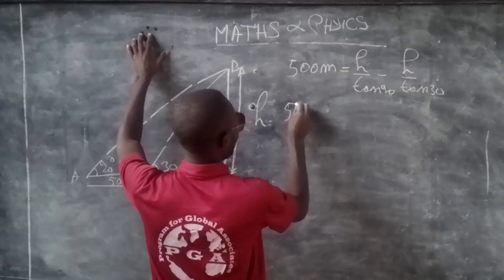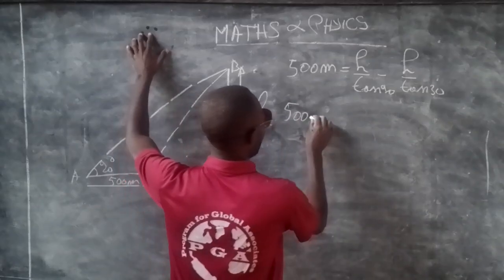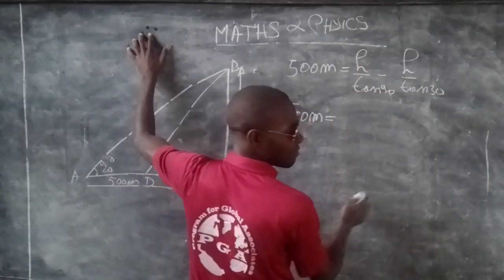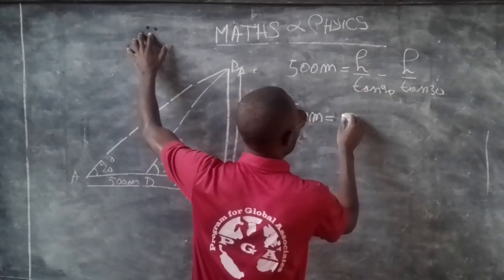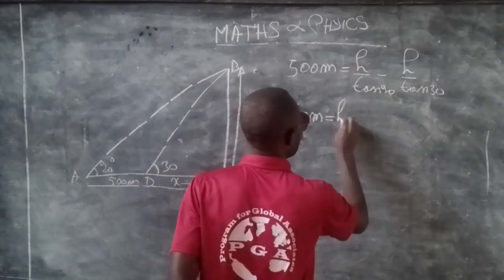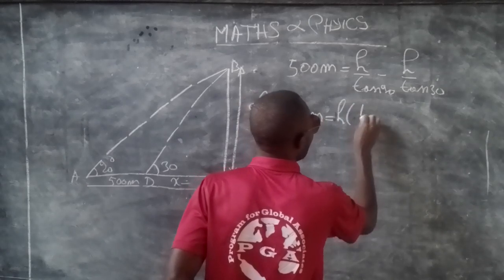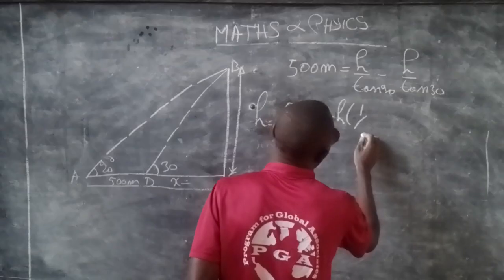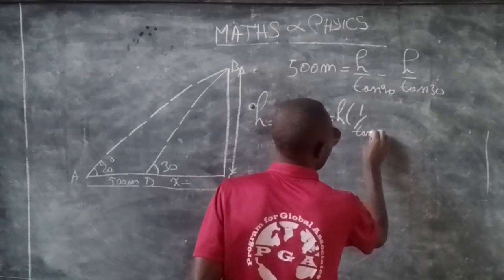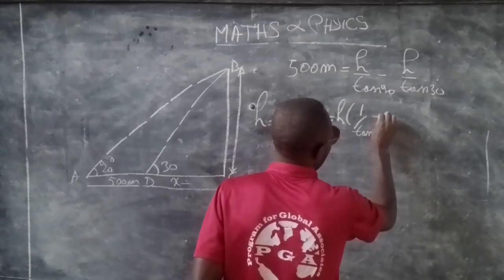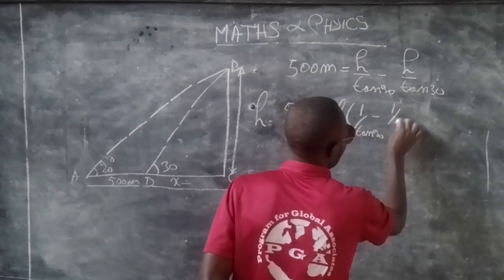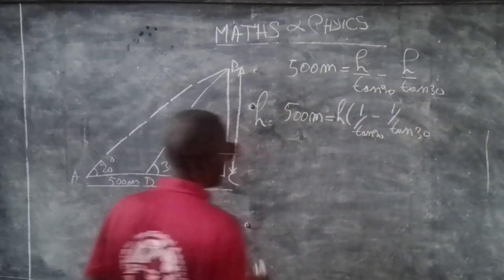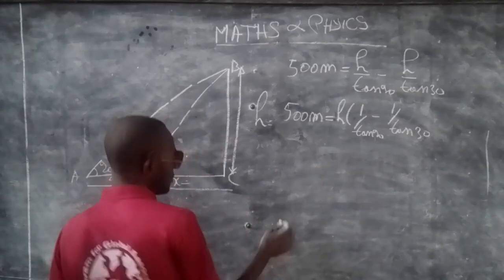So we have 500 meters equal to h times (1 over tan 20 minus 1 over tan 30).